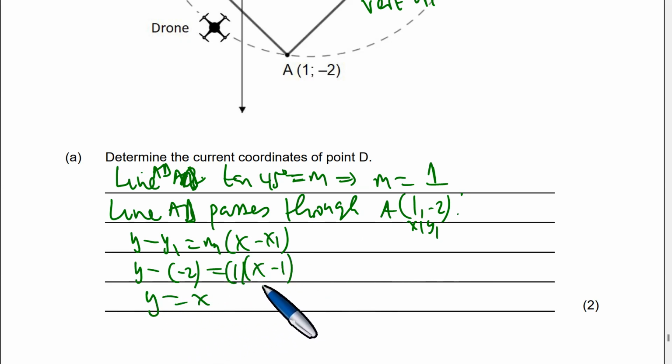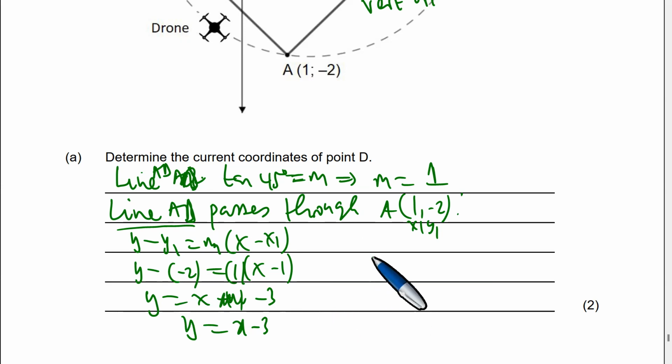Which means y plus 2 equals x minus 1, and if you bring 2 to the other side, it becomes minus 3. So we have y equals x minus 3.